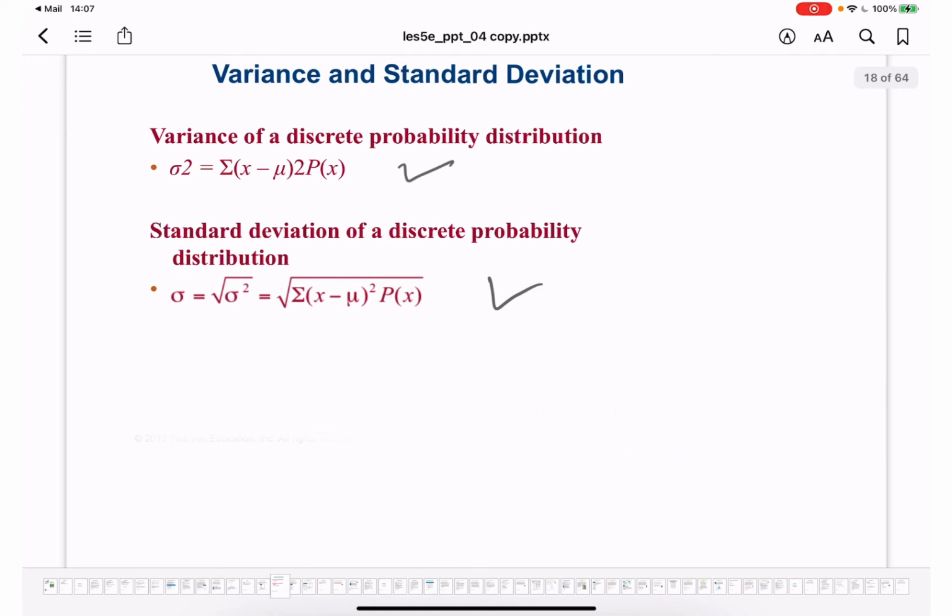Where x is our score, our element, mu is the average of the population, and probability of x is the probability of the elements in the sample.